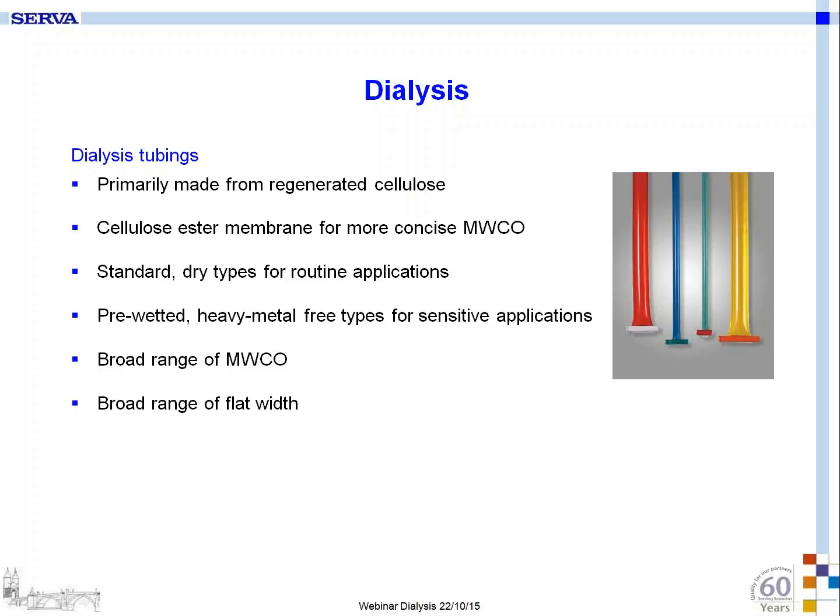You can also use heavy metal-free pre-wetted versions for more sensitive applications, and you can choose between a very broad range of molecular weight cutoffs and of flat widths, which makes the standard dialyzed tubing systems very versatile.